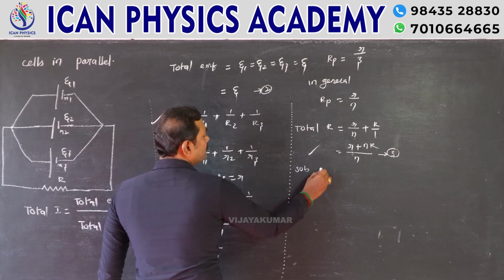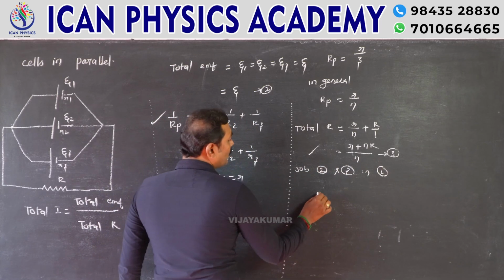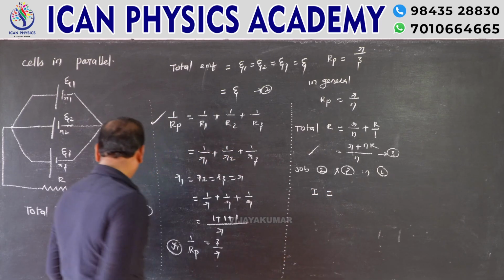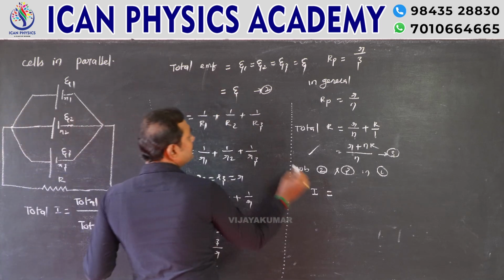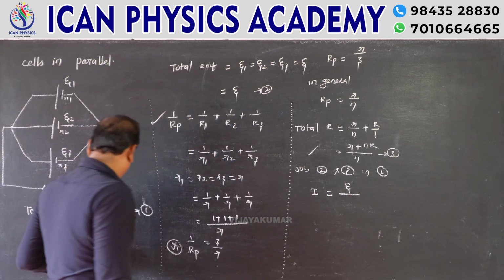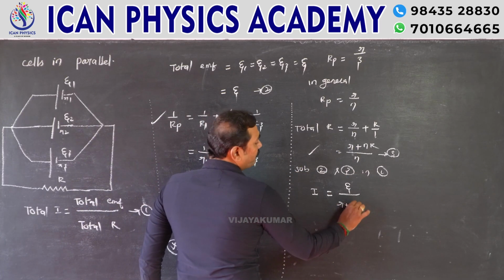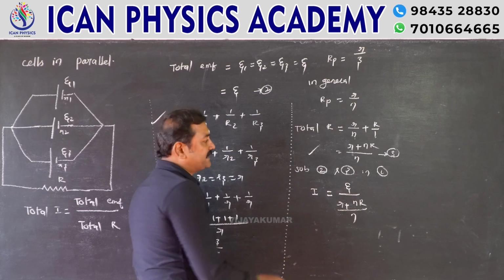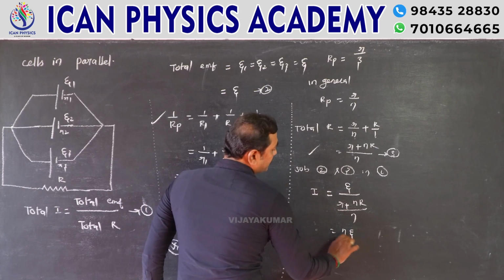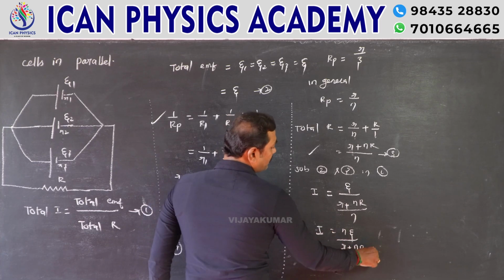Now substitute 2 and 3 in 1. So the total current I equals total EMF, that is psi, divided by total resistance. What is the total resistance? (r plus nR) divided by n. Now it becomes reciprocal, so n psi by (r plus nR) is the total current.